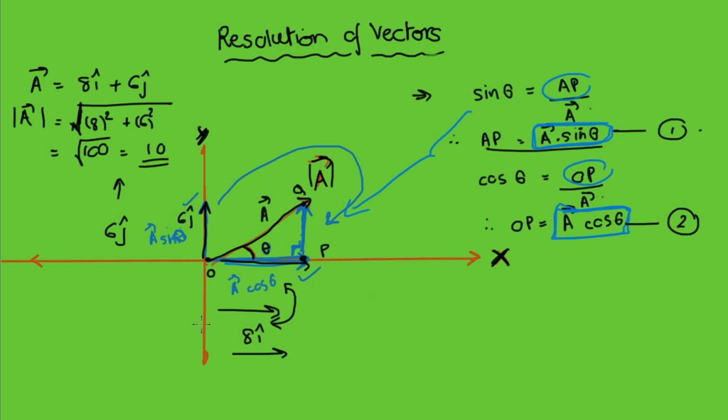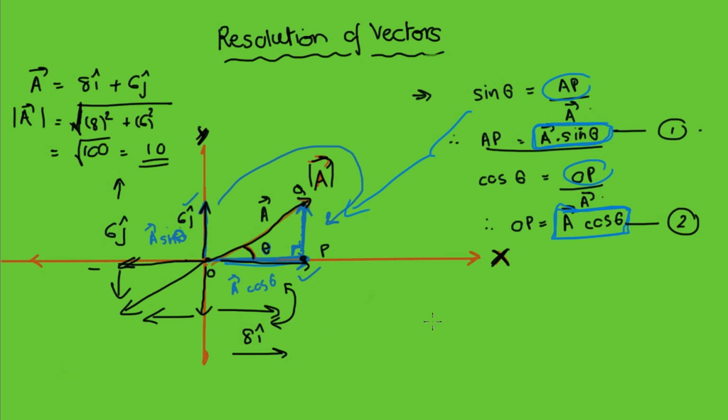Now remember that the components can be in this direction and in this direction, so there can be a vector over here, but what we need to keep in mind then is that there will be a negative component in the x-axis and also a negative component in the y-axis. So we need to keep that in mind.